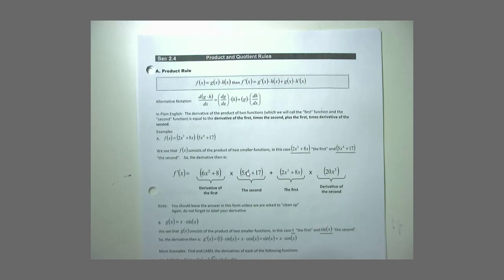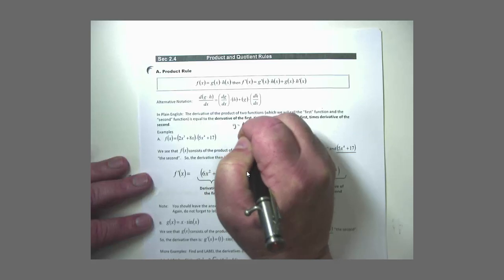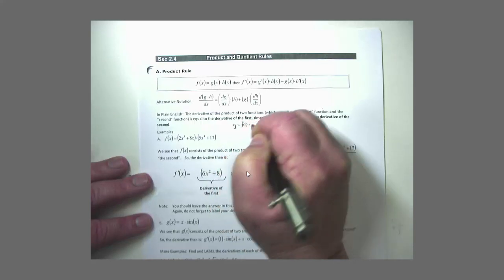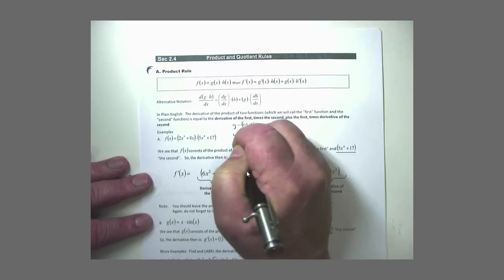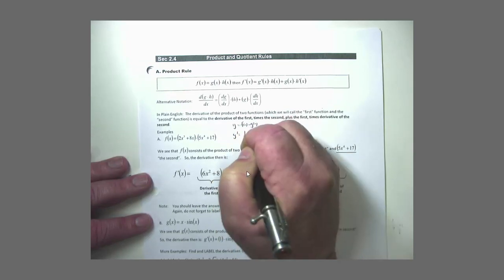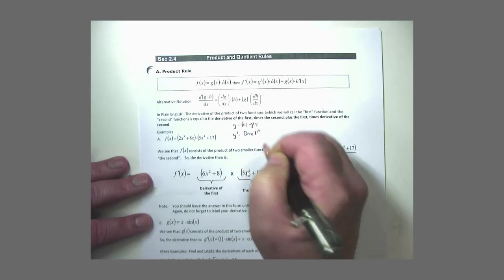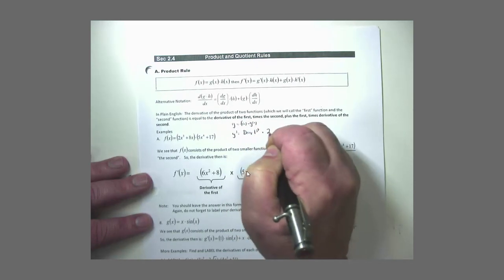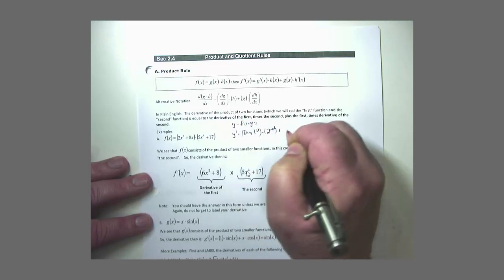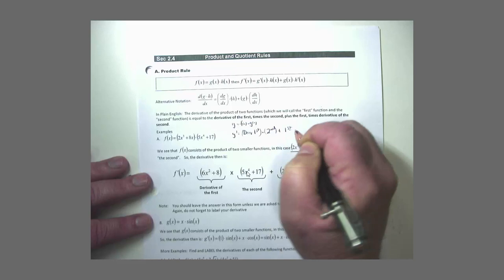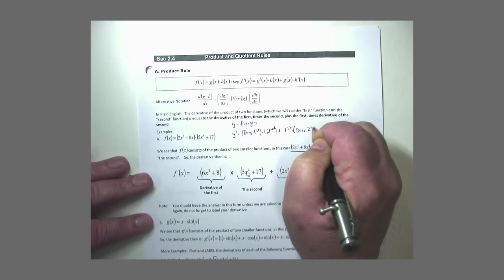So the words are very simply this. When you're taking the derivative of a product, y equals f of x times g of x, then the derivative is equal to: you take the derivative of the first, then you multiply it times the second, plus you multiply the first times the derivative of the second.